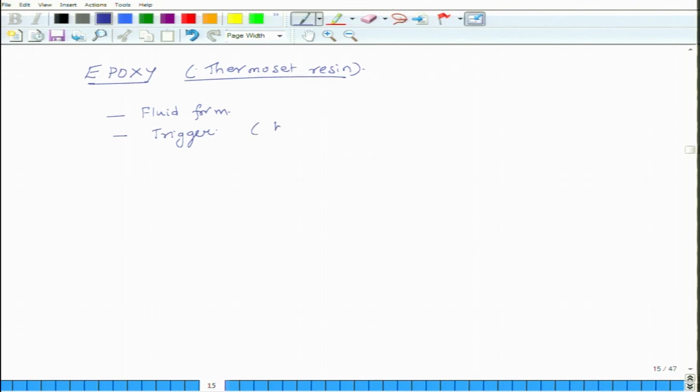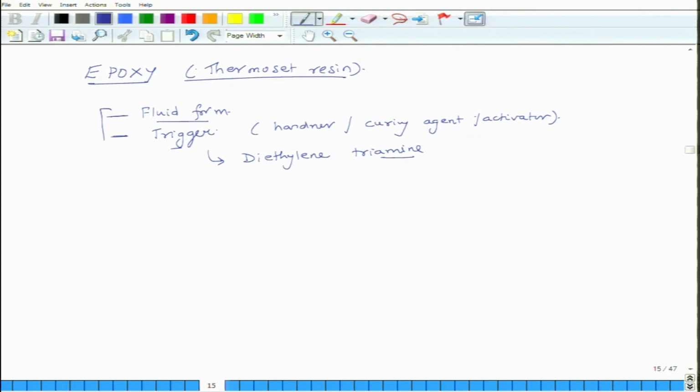This is also called a hardener or curing agent, or activator. One example of this trigger is diethylene triamine. You take the main material, mix it with the trigger, and you get the curing going.